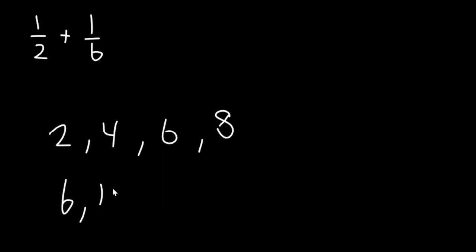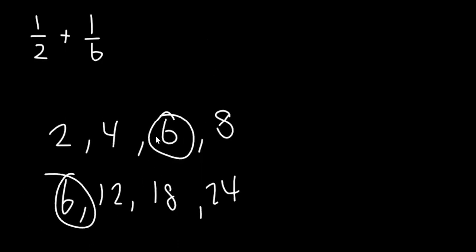In this case, it is 6, and we can find that by finding the least common multiple. For 2, it is 2, 4, 6, 8, and as for 6, you have 6, 12, 18, 24, and we see that the least common multiple is 6, which means that the least common denominator is 6.